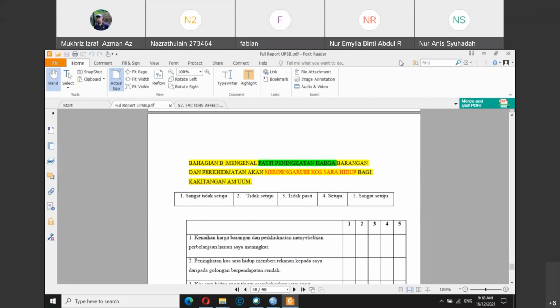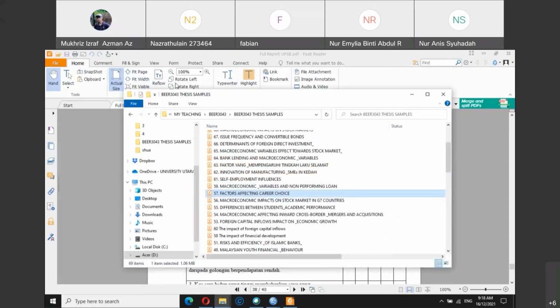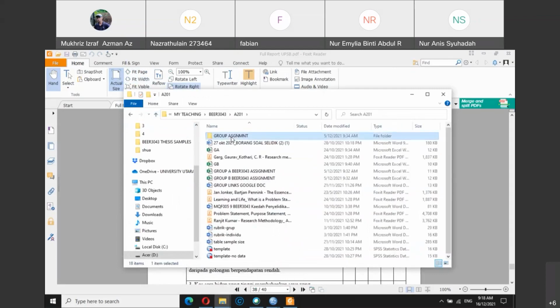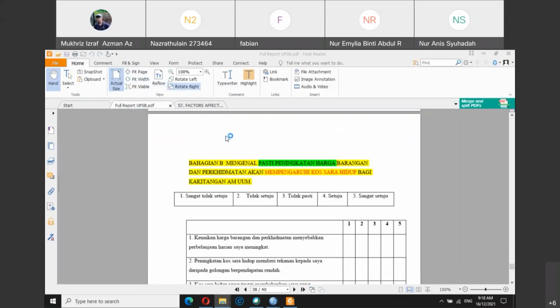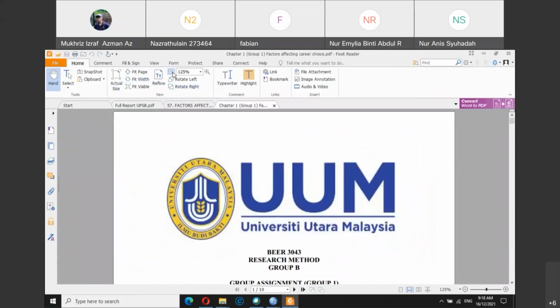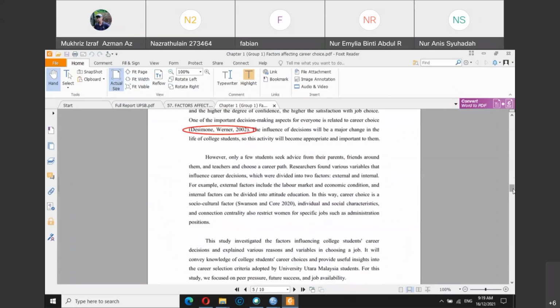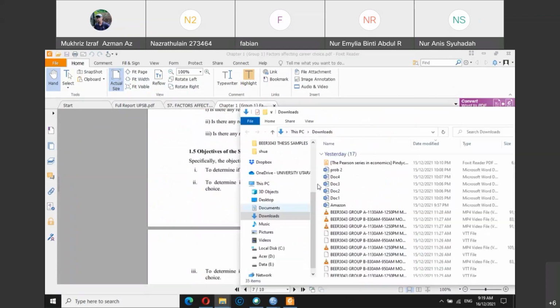Before I forget, even though, let's say, you have 3 research questions that you presented before in your chapter number 1, let me go back to your drafts for chapter 1. For example group 1, these are your proposed research questions, for example, to determine the relationship between peer pressure and career choice.